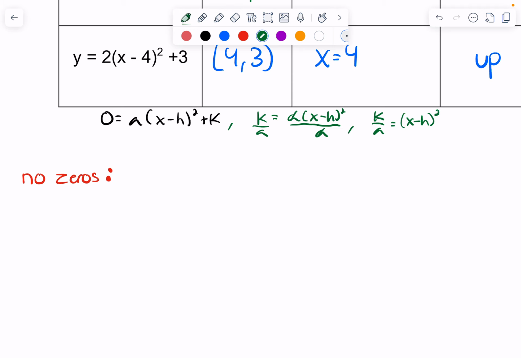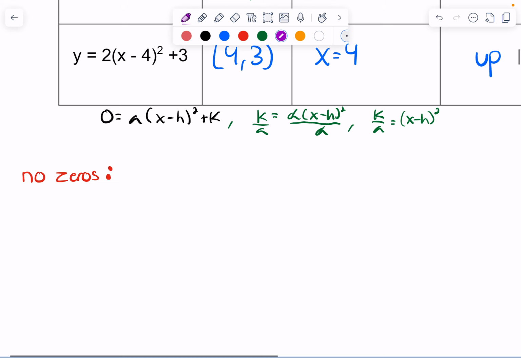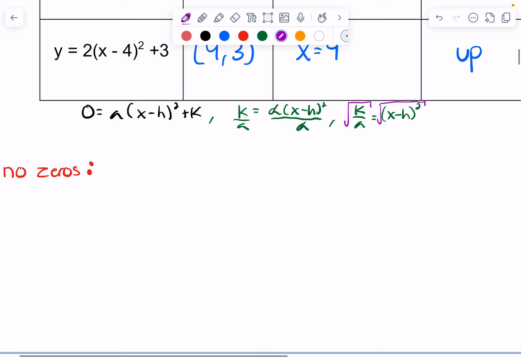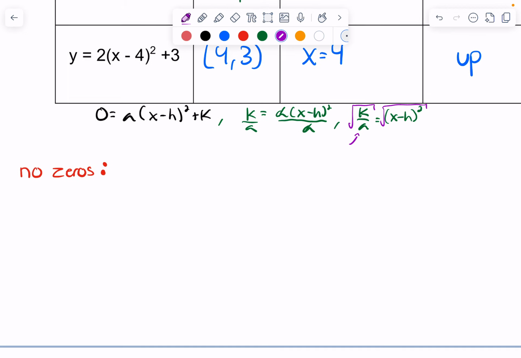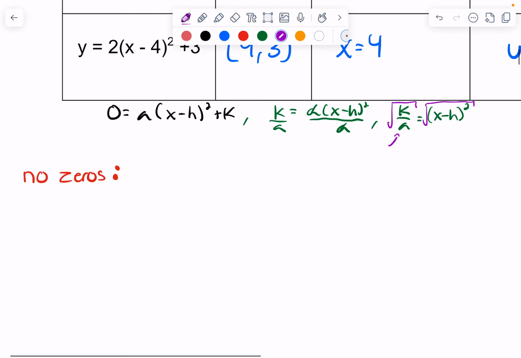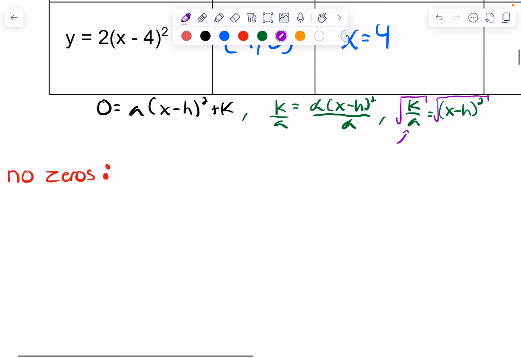Well, now, notice, the next step would be to take the square root, as we did. So if k divided by a turns out to be a negative, we have a problem. All right, so what would make k and a be a negative?